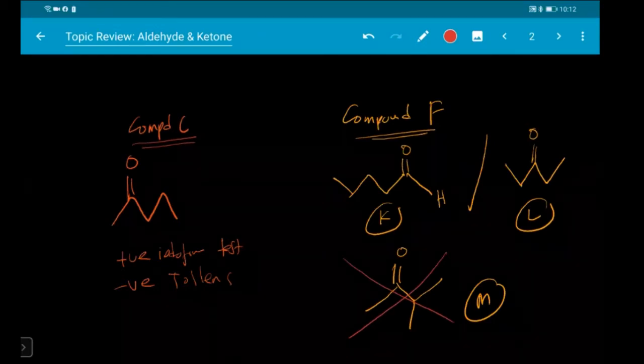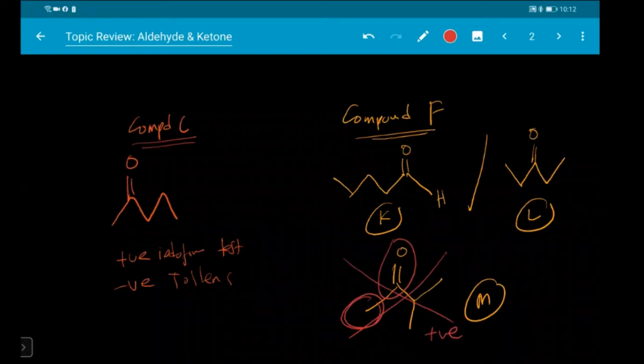Bila dia ada methyl group, okay, next to the functional group, it will give positive iodoform test. Okay, itu pasal. Okay, itu jawapan dia. Alright, so jawapan dia antara K atau L.